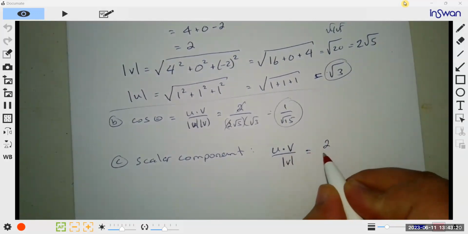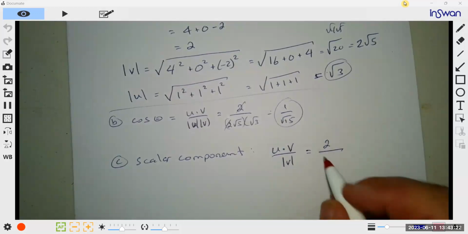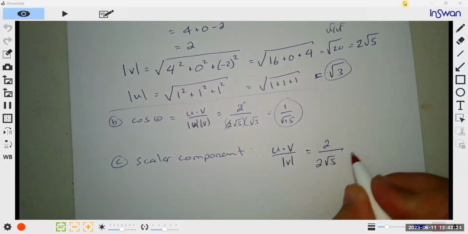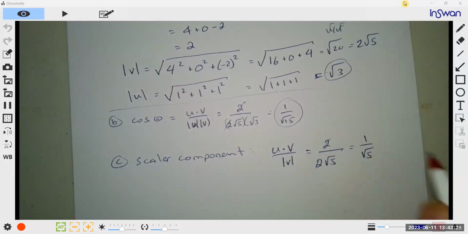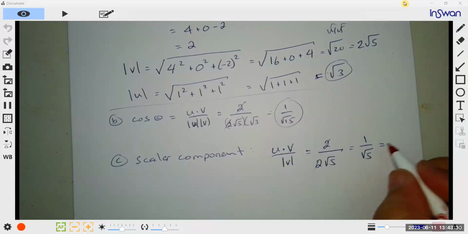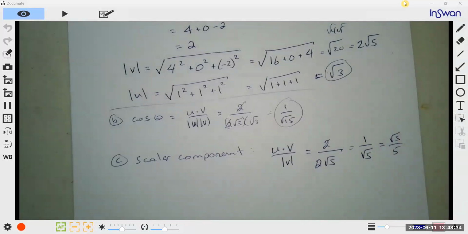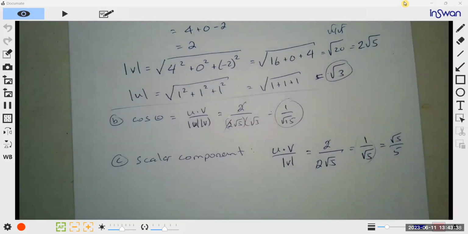U dot v is 2. Magnitude of v is 2 radical 5. Yeah, if you wanted to rationalize it, you could have done that. Multiply top and bottom by radical 5. But this is good enough. It'll go into the computer.